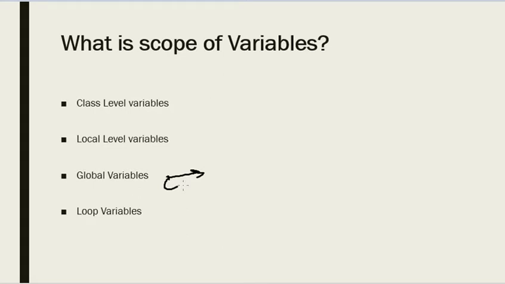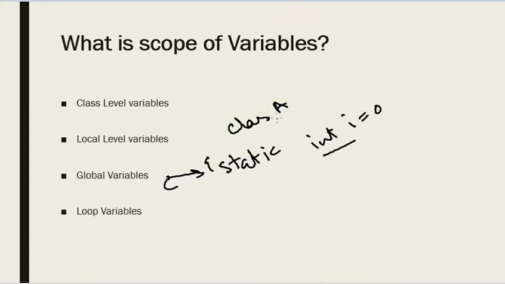C Sharp actually doesn't directly support global variables. So we use the static keyword, static int, for example, i. Then we can use this variable just using the class name. Let's say it is inside a class A, then in any other class anywhere in the project we can use A.i to access this variable. So this is kind of a global variable.